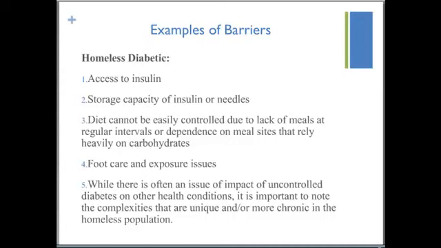If you're a health educator and you're doing diabetes health education as a homeless provider, remember that your population cannot eat at regular intervals and that they also rely on meal sites for meals and shelters, which means that they're heavily laden with carbohydrates, and we know what that means to working with a diabetic.